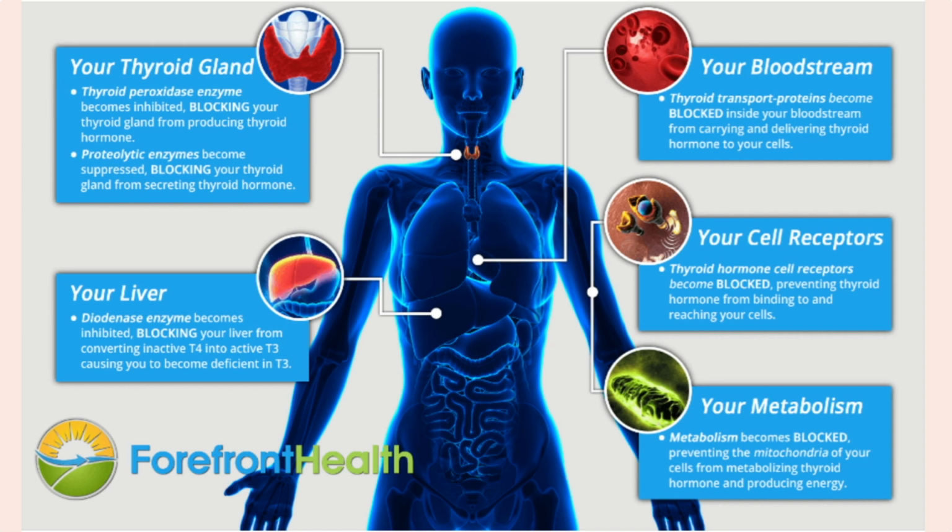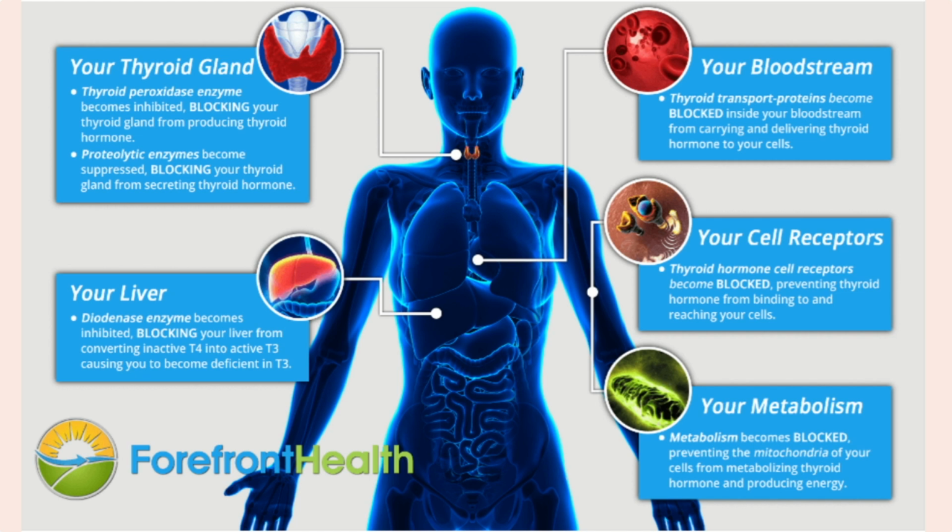The third is your bloodstream, which contains transport proteins that carry T3 to your cells. Number 4 are cell receptors that actually accept T3 at the cellular level. And finally, number 5, cell utilization, where our mitochondria actually use T3 to make energy.